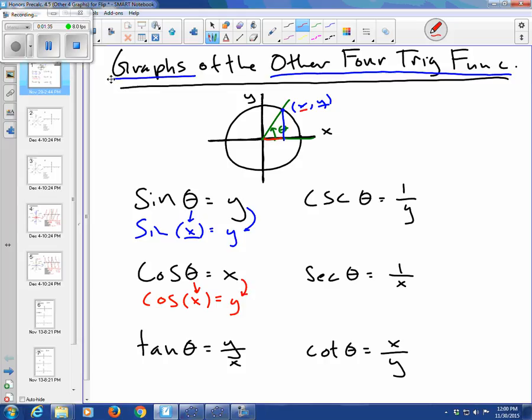So right here what we've got is basically 2 functions that are taking rotations as inputs, and the x values and the y values on the perimeter of the unit circle are their outputs, which we would define as their function values.